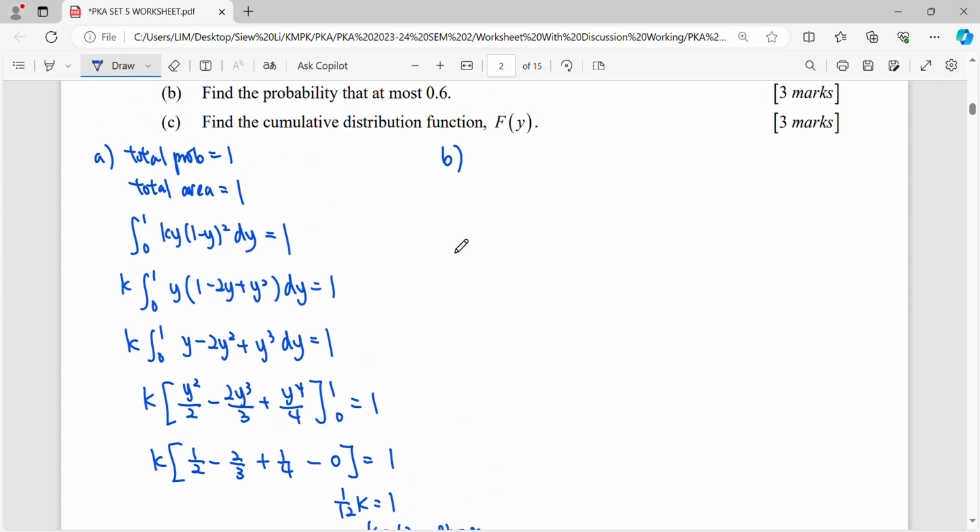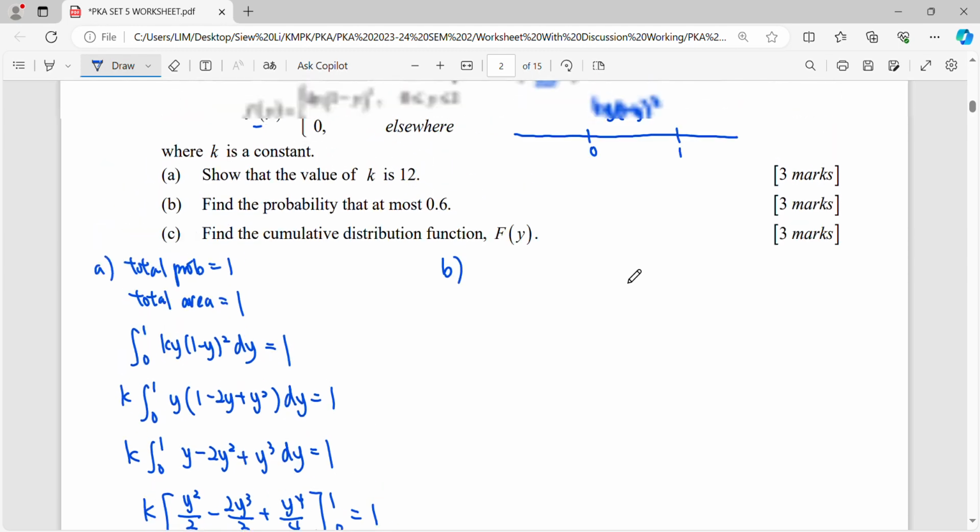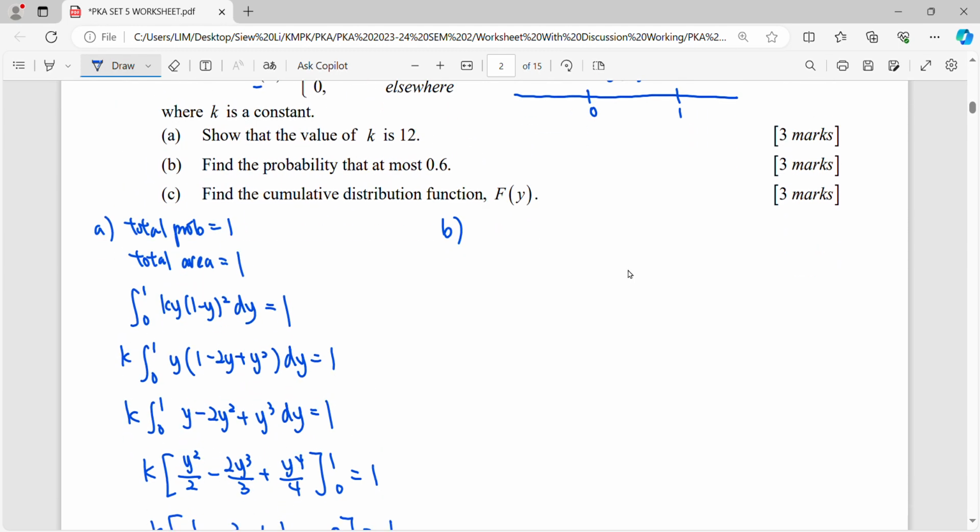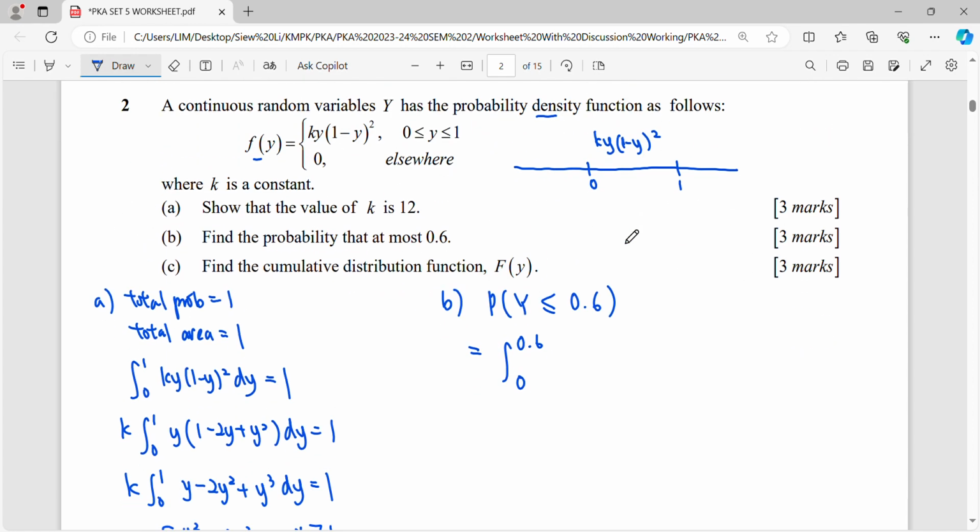it asks us to find the probability that y is at most 0.6. At most means y will be less than or equal to 0.6. So we need to integrate from 0 up to 0.6 for this function. So k is 12.